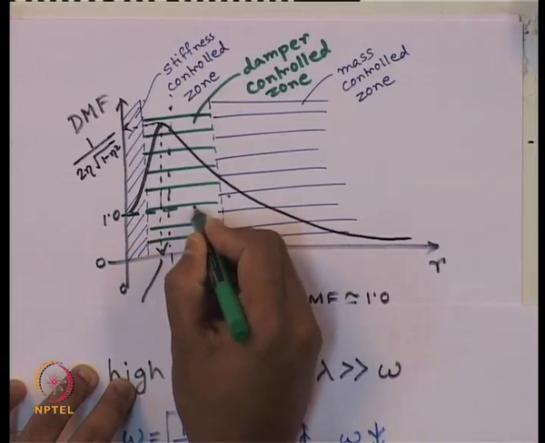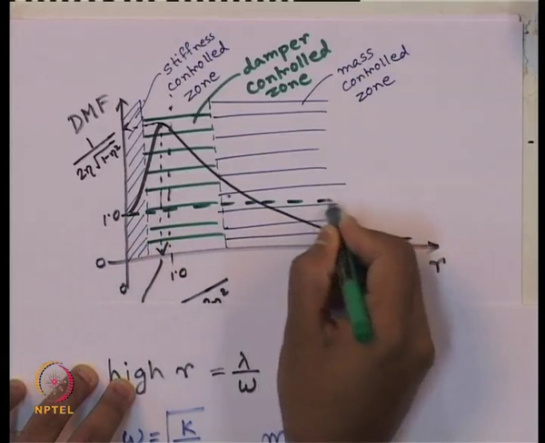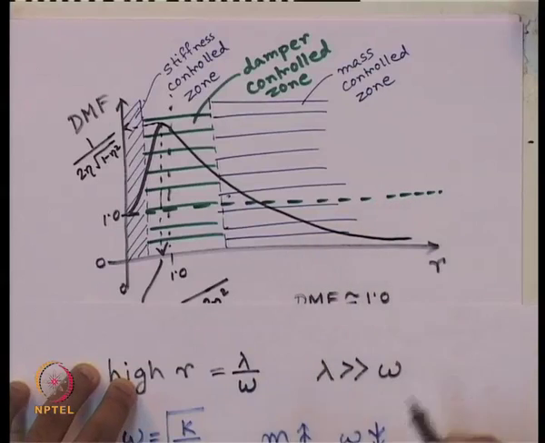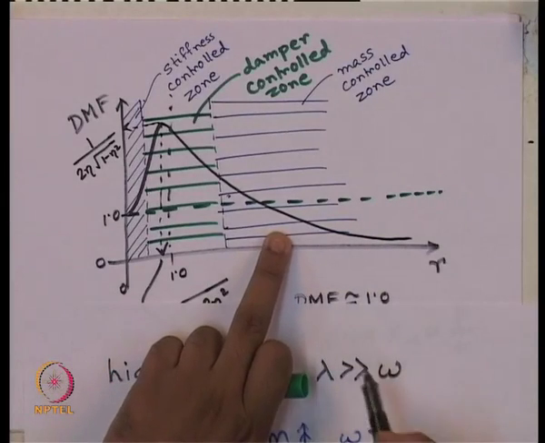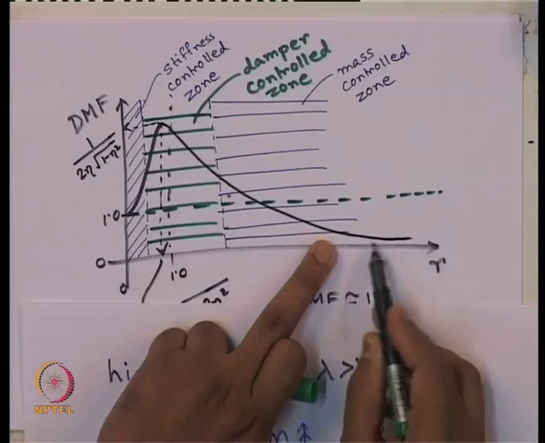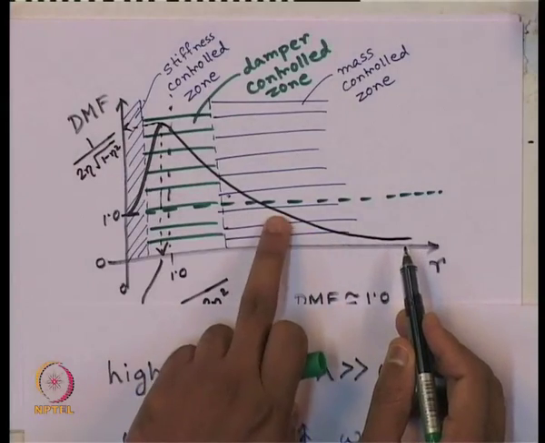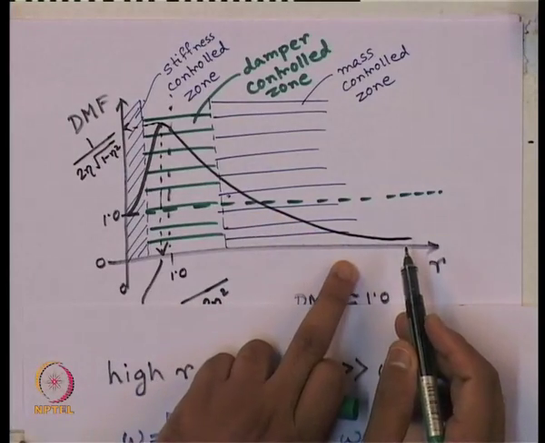So, in other words, the dynamic magnification factor for very high value of R will be even less than 1. Let us look back to this graph. Let me draw this line at DMF equals 1. Look here. So, at very high value of R, DMF is less than 1.